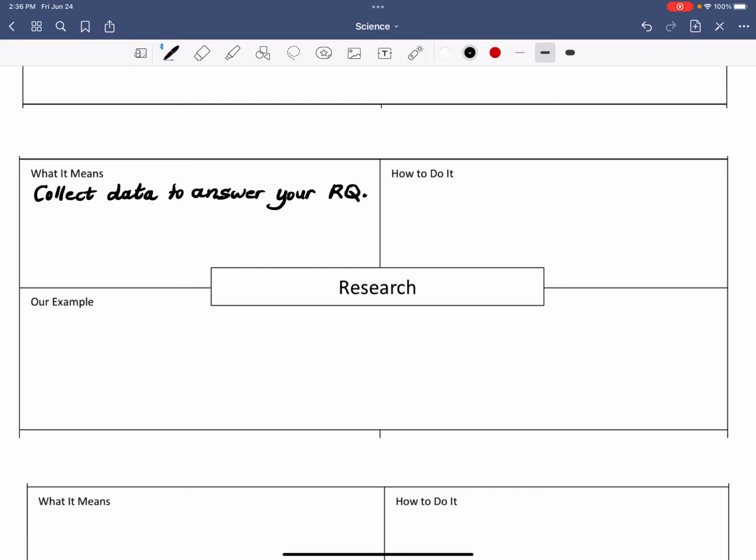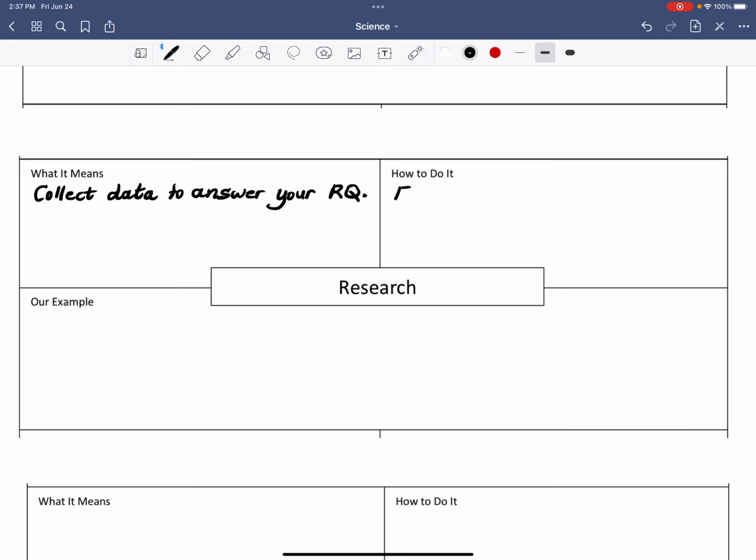If you are in the situation where Newton was looking at gravity, he collected data about how things fall. When Copernicus was looking at whether or not the Earth was flat or round, he looked at data about how the sun moved in the sky. So every scientist has to collect data. How to do it, and this is important. You can't just go out there and randomly start collecting data.